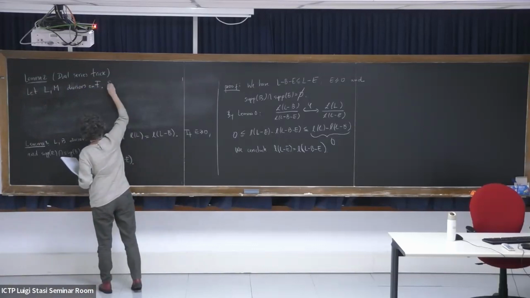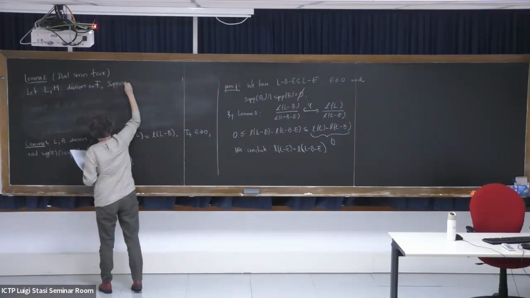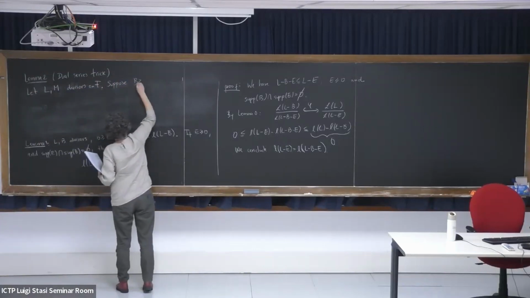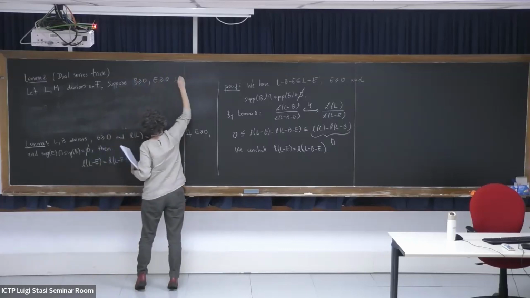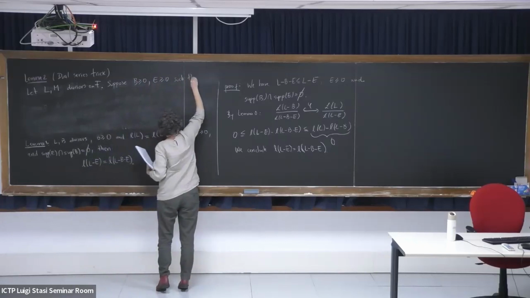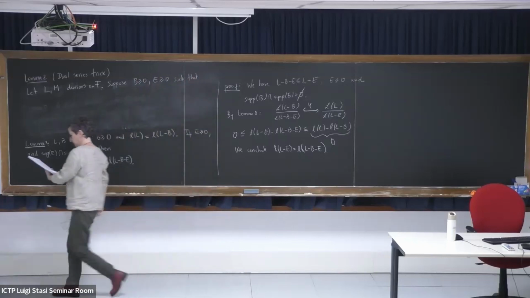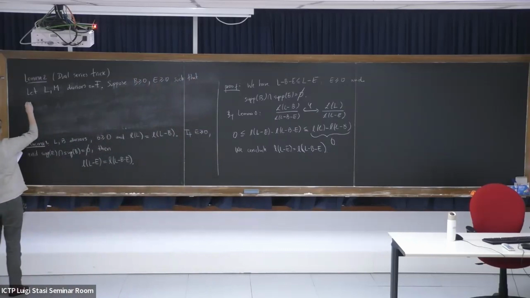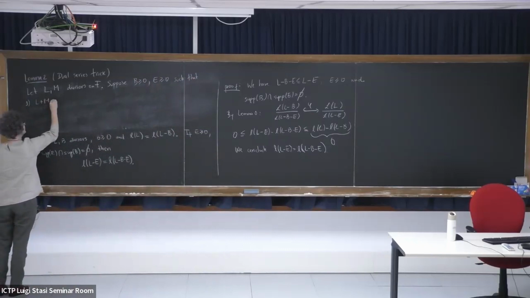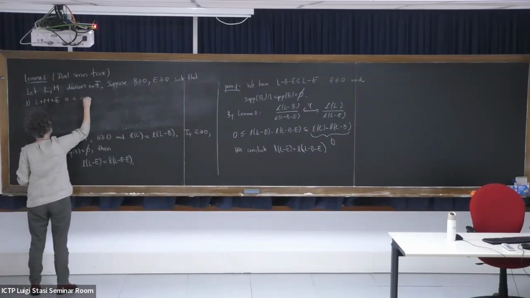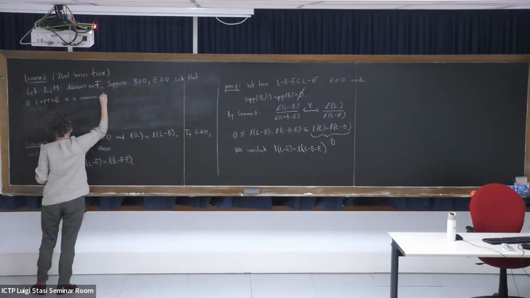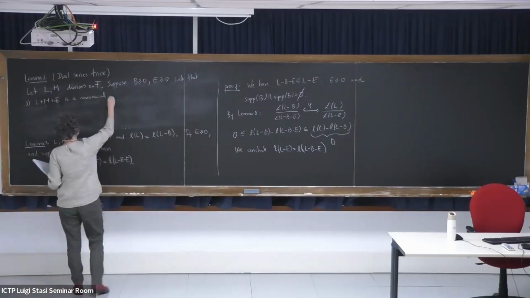So now you suppose that you have E, an effective divisor, such that we have three conditions. The first condition is that L plus M plus E is a canonical divisor on F.